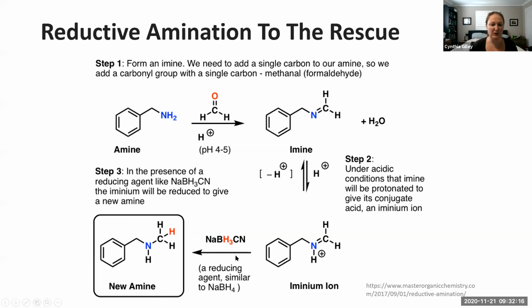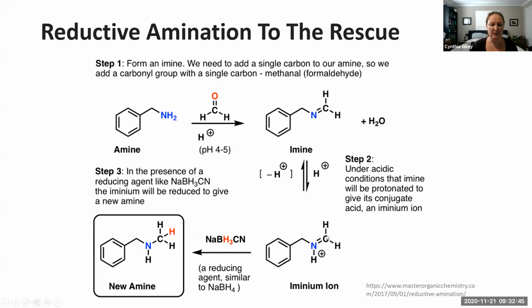And if there's a suitable reducing agent present in the solution, the carbon that's double bonded to the positively charged nitrogen will be reduced. This carbon is very electrophilic, just like any carbon that's double bonded to a positively charged oxygen would be considered a strong electrophile. It is also strongly electrophilic when it's double bonded to a nitrogen that's positively charged.